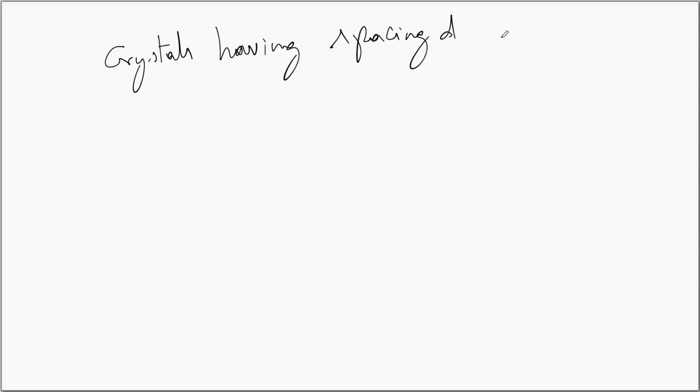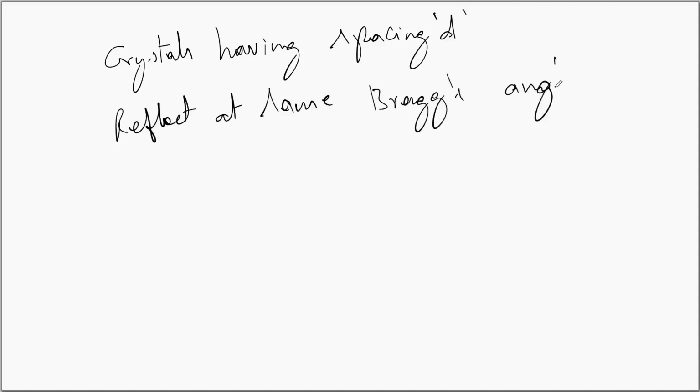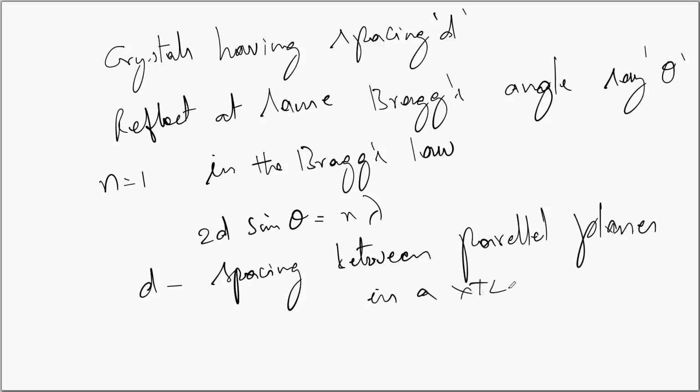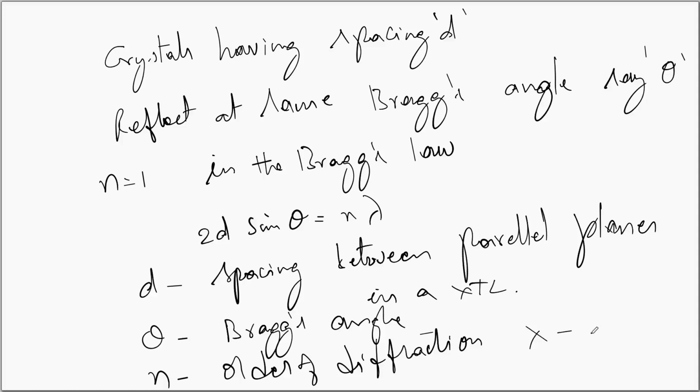All the crystal planes having spacing d reflect at the same Bragg's angle of reflection, that is theta. Let us consider n equal to 1 in Bragg's law. 2d sin theta is equal to n lambda, where d is the spacing between parallel planes in a crystal, theta is the Bragg's angle, n is the order of diffraction, and lambda is the wavelength.